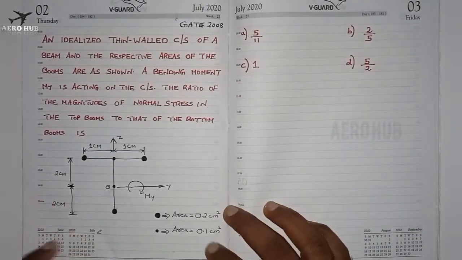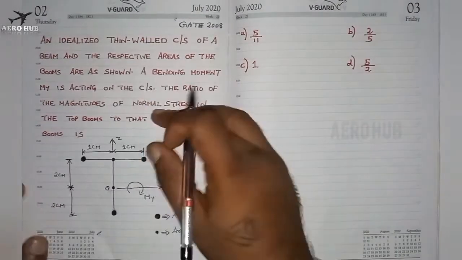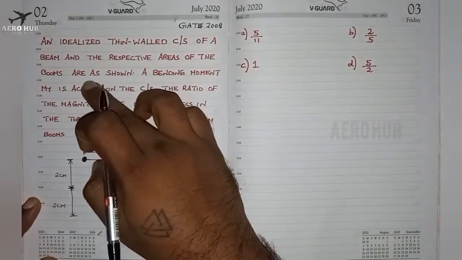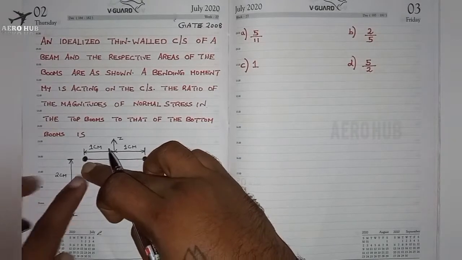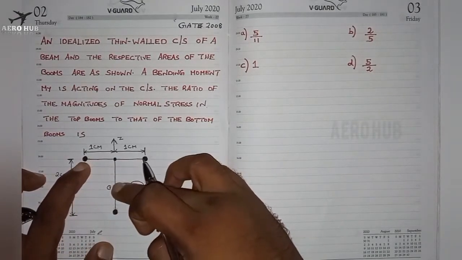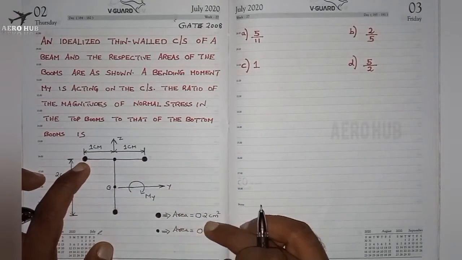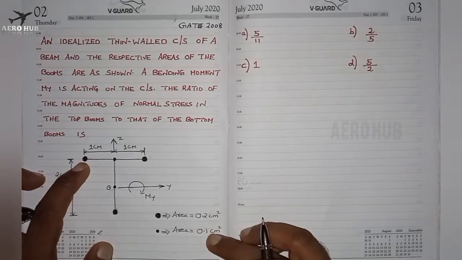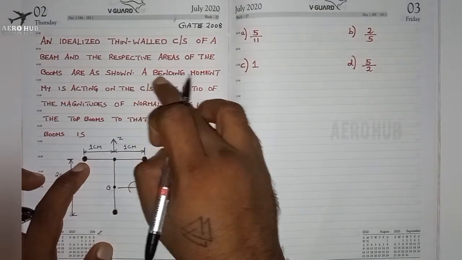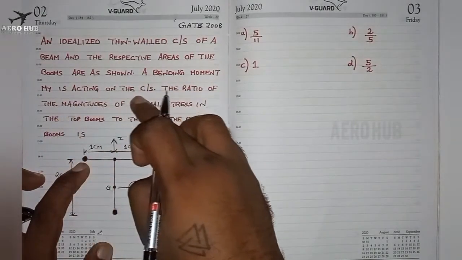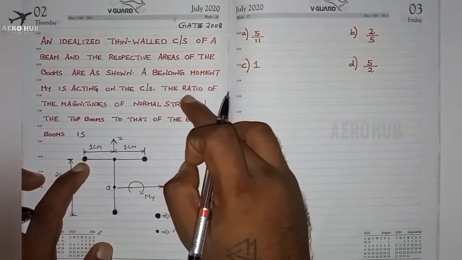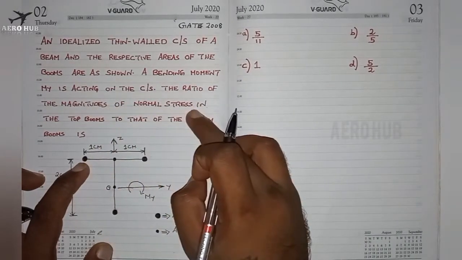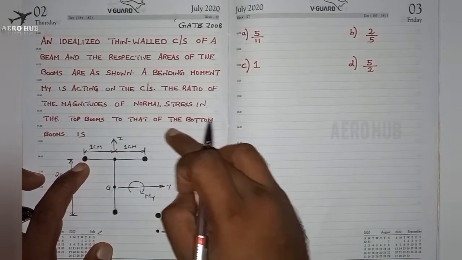We will see the next question. We have an idealized thin wall cross section of a beam, and the respective areas of the booms are given. We have a larger boom area of 0.2 centimeter square and a smaller boom area of 0.1 centimeter square, and a bending moment My is acting on the cross section. They are asking to find out the ratio of the magnitude of normal stress in the top boom to the bottom boom.